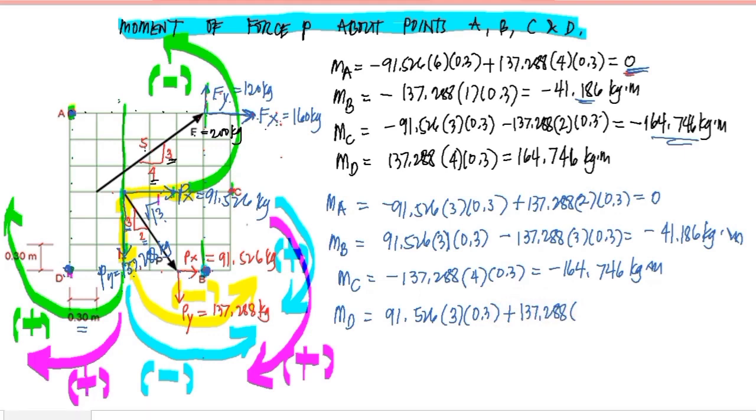Since this is the line of action of Py, this is the perpendicular distance, and that's 2 blocks. So we have times 2 times 0.3. Computing for this, we have 164.746 kilogram meter. And this is the same as our previous answer.